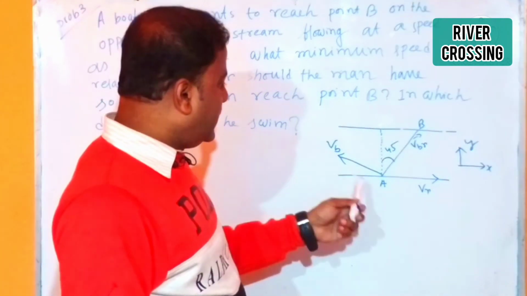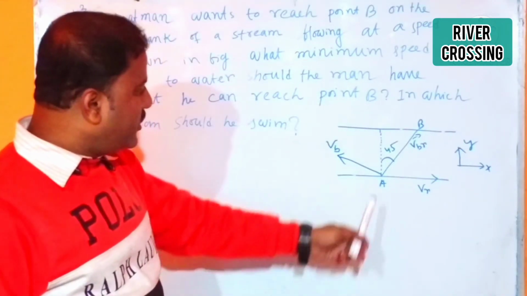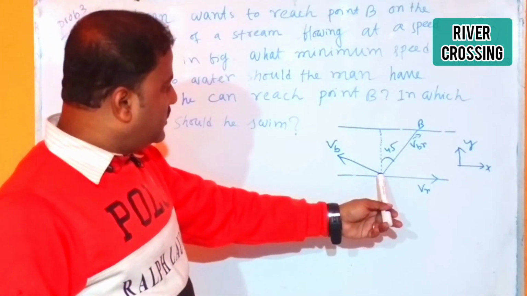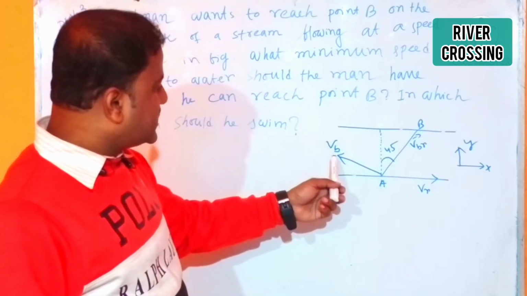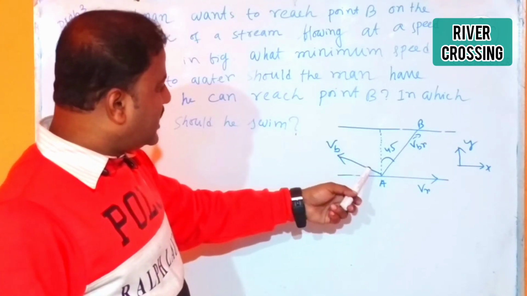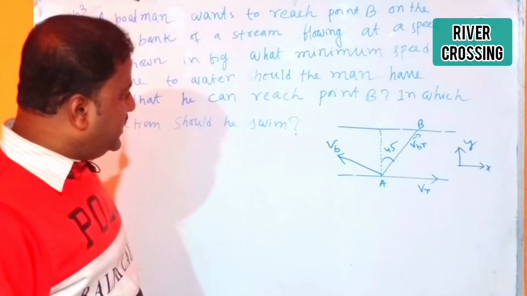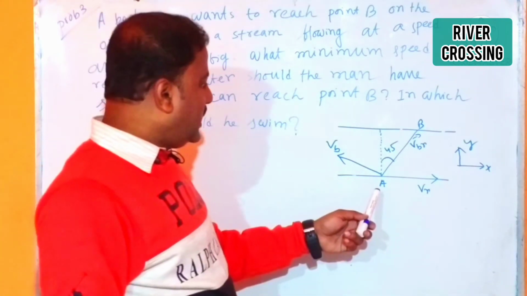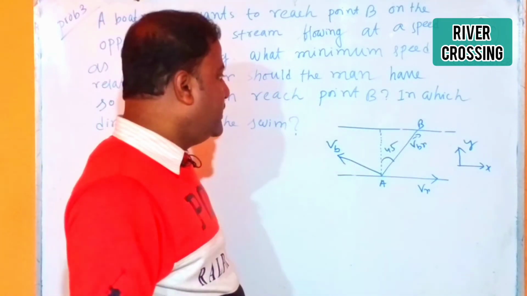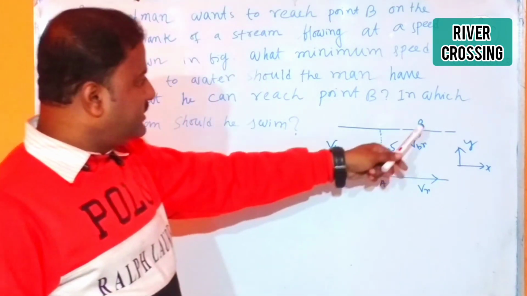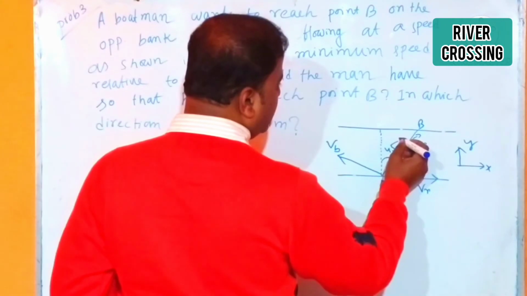This is a river and the river current is here. A boat is moving in this direction, an arbitrary direction, with velocity VB. The boatman wants to reach this point B, and this line is at an angle of 45 degree.